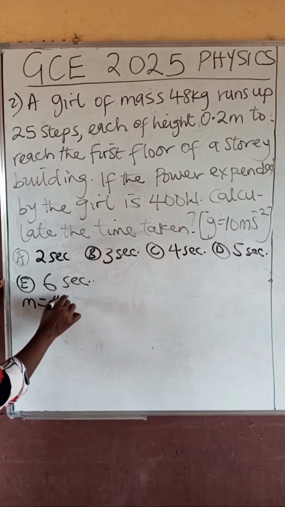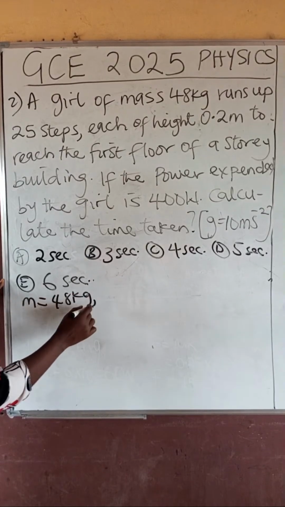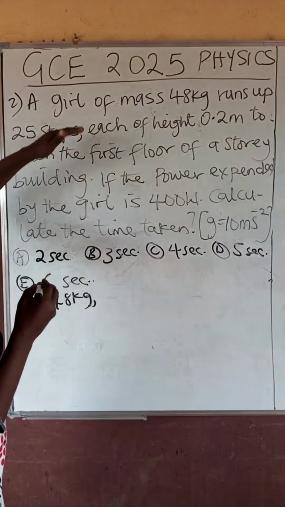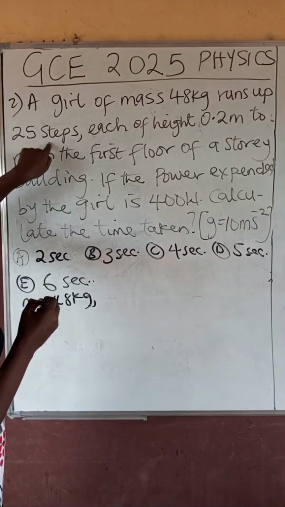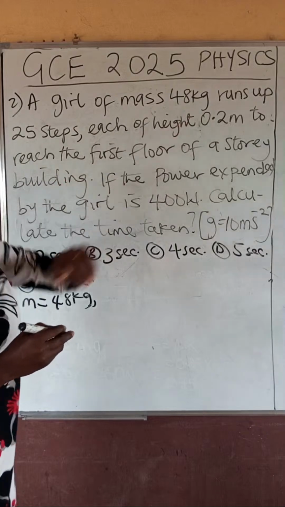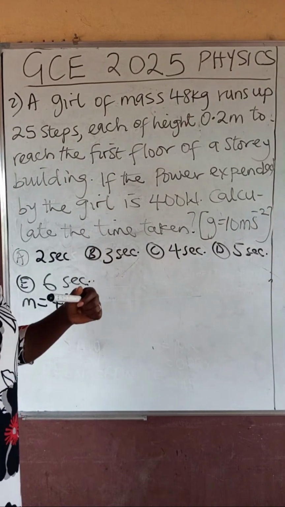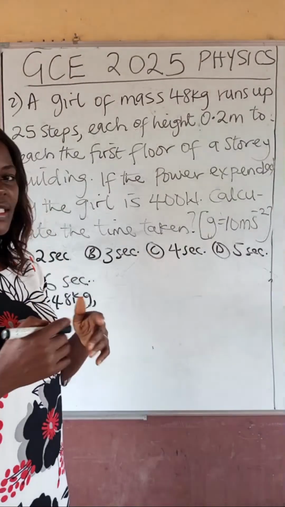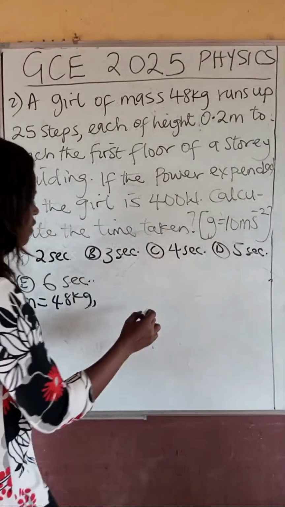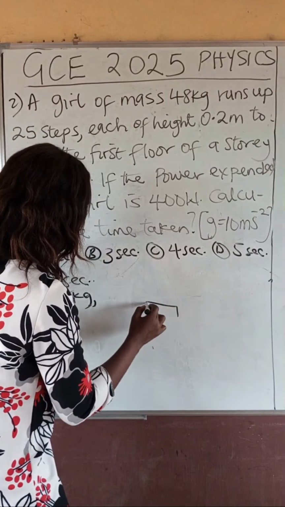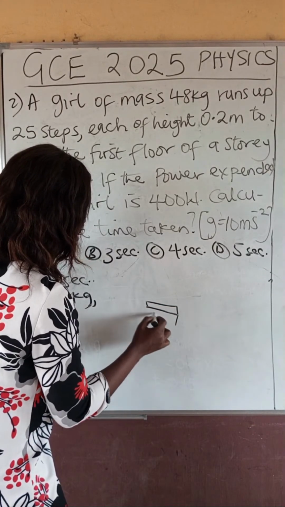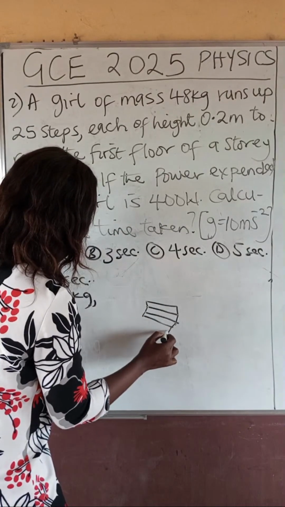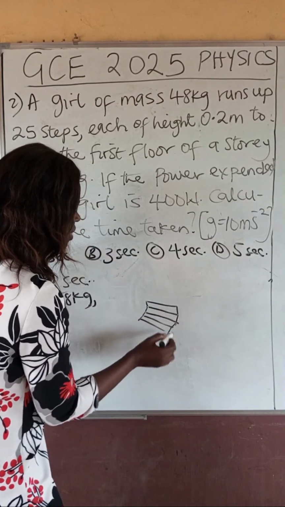The first thing we have to do is to state our parameters: the mass of the body is 48 kilograms. Then, this girl runs 25 steps, each of height 0.2 meters. It's just like climbing a staircase with steps of equal height.